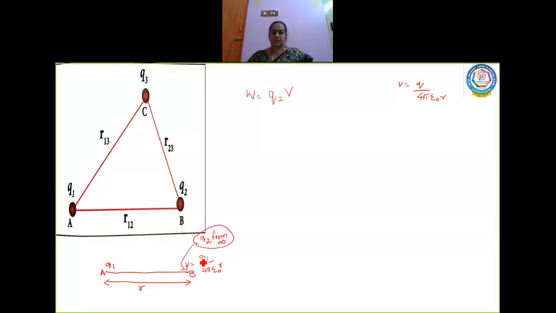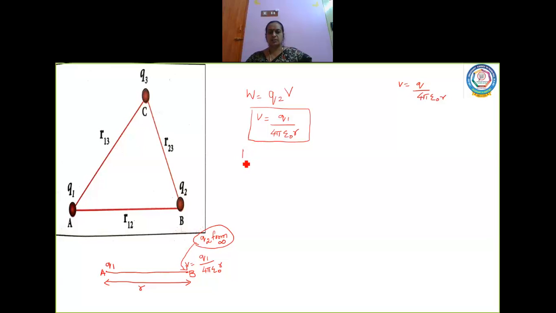And we know the potential at B. Potential at B is V is equal to Q1 by 4 pi epsilon naught R, which is the potential due to the charge Q1, yes or no?